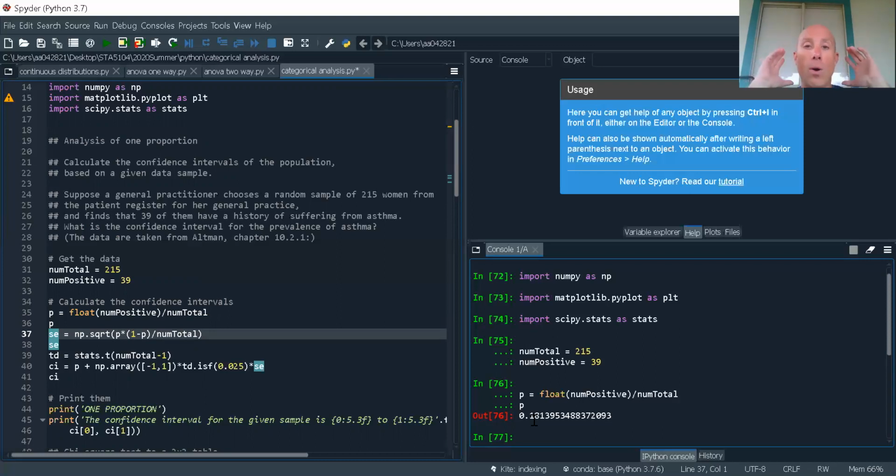Okay, so I've got binary data, I've got two levels. So in reality, I'm dealing with the binomial distribution. Now, the binomial distribution is kind of difficult to work with directly. We could brute force it, but it works out that if I look at the central limit theorem, anytime I'm taking an average, I can use the normal distribution.